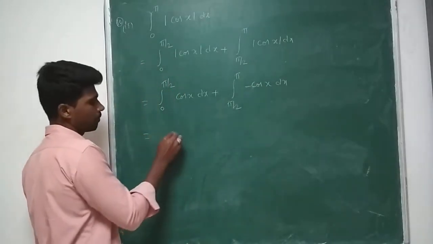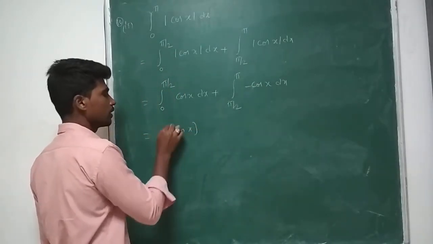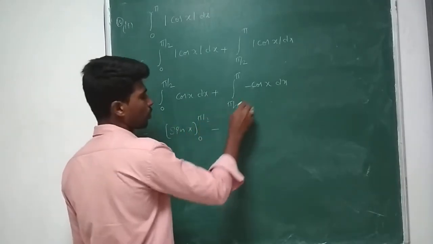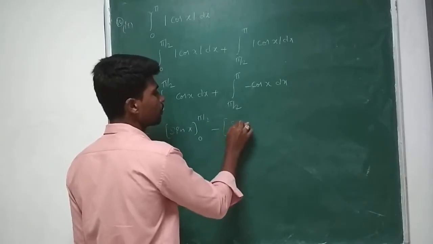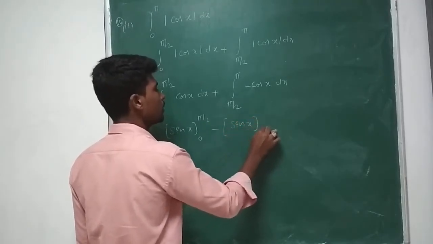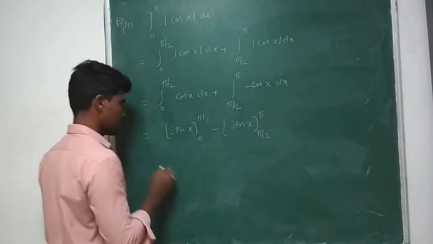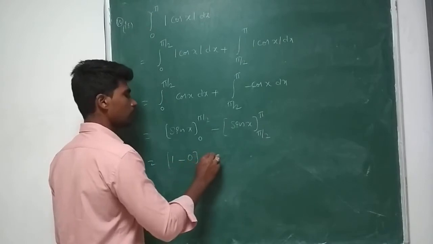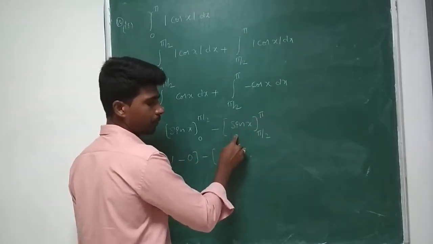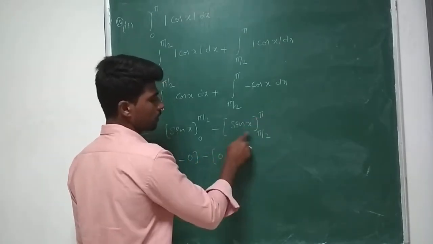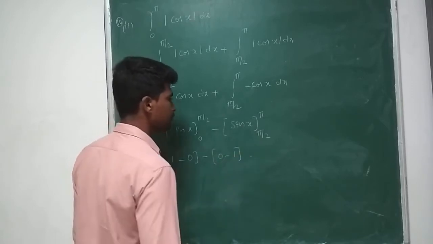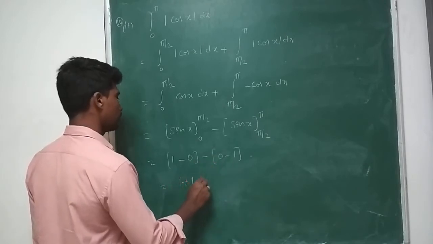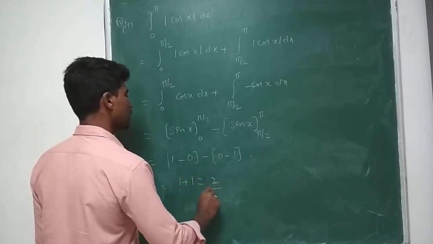Cos x integration is sin x, the limits are 0 to pi by 2, minus cos x integration sin x, the limits are pi by 2 to pi. Sin pi by 2 is 1 minus sin 0 is 0, minus sin pi is 0 minus sin pi by 2 is 1. So now 1 minus of minus 1, plus 1. So 1 plus 1, I get the answer as 2.